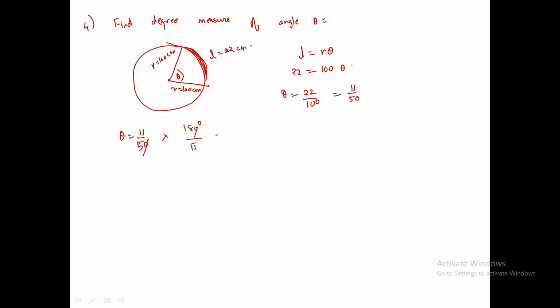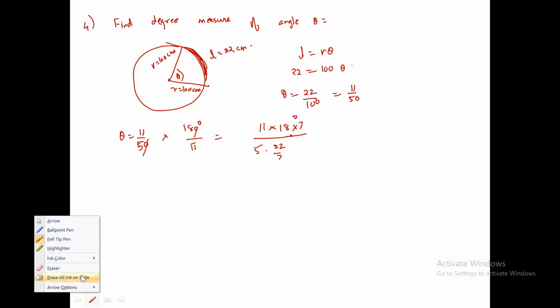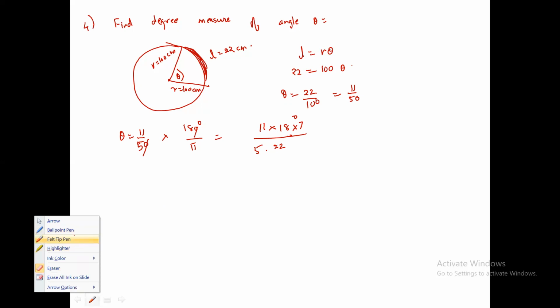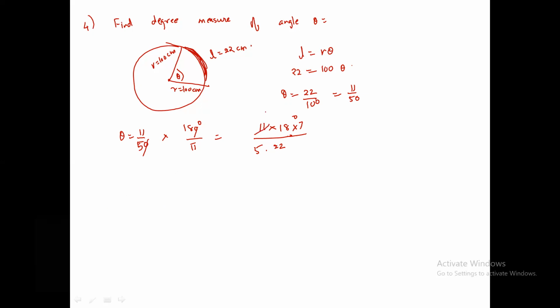So 0 and 0 will cancel. 11 into 18 degrees by 5 into pi, which can be written as 22 by 7. So 11 ones, 11 twos, 2 ones, 2 nines. 63 by 5 degrees.